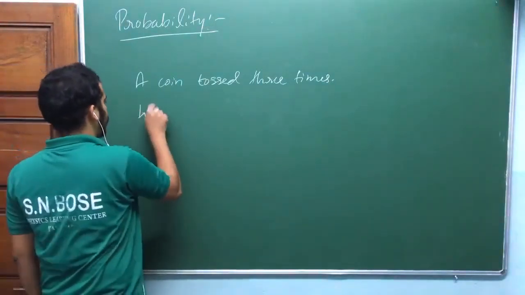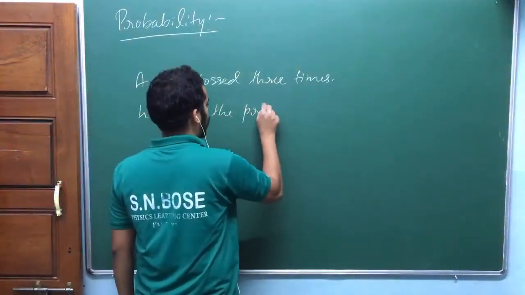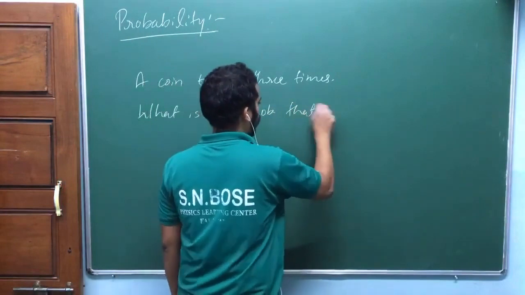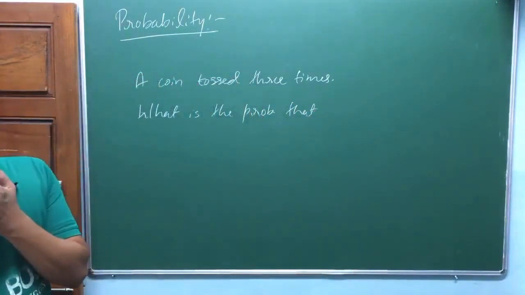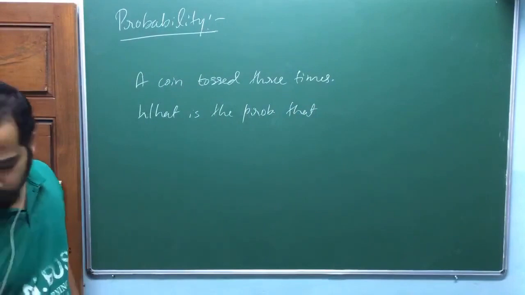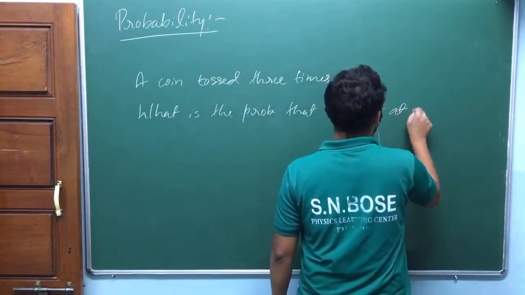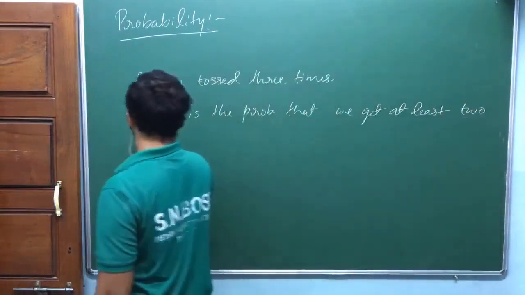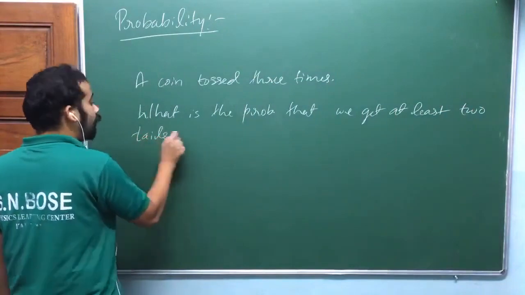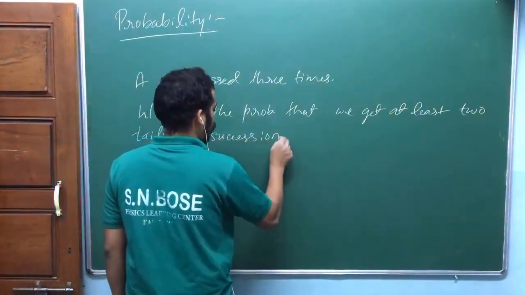What is the probability that we get at least 2 tails in succession? I mean one after the other.